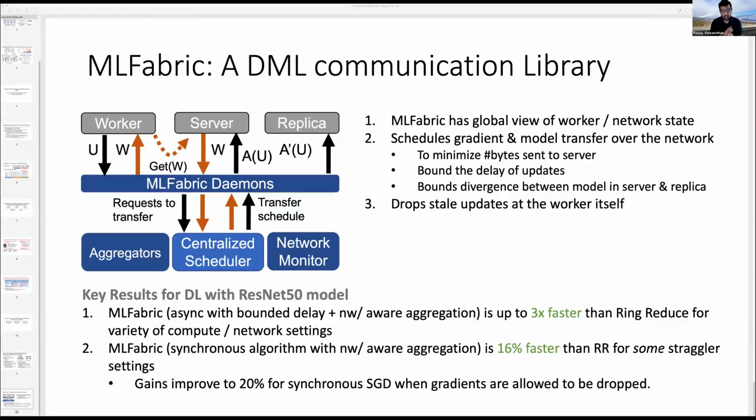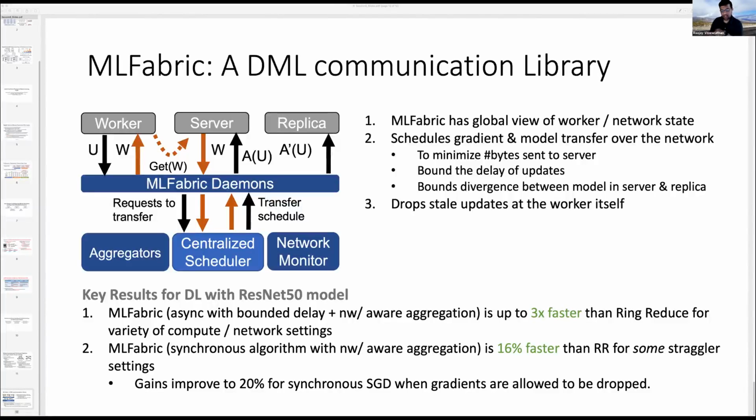It also coordinates aggregation, which is the first time we are doing aggregation in the context of a parameter server, where multiple workers' updates can be aggregated at a third location and then transferred to the server. ML Fabric takes advantage of aggregation, ordering, and also dropping the state updates of the worker to speed convergence.